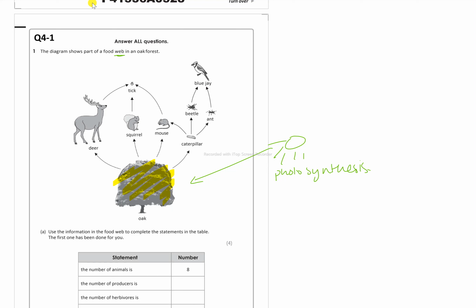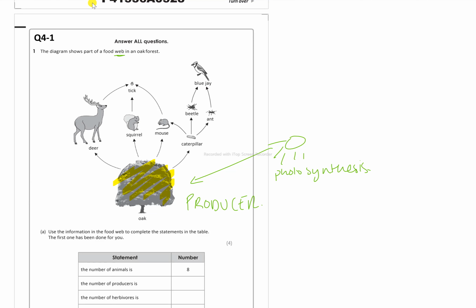Okay, so this is called the primary... I keep calling it primary. It's just a producer, not a primary producer. Let's use, it's a producer.